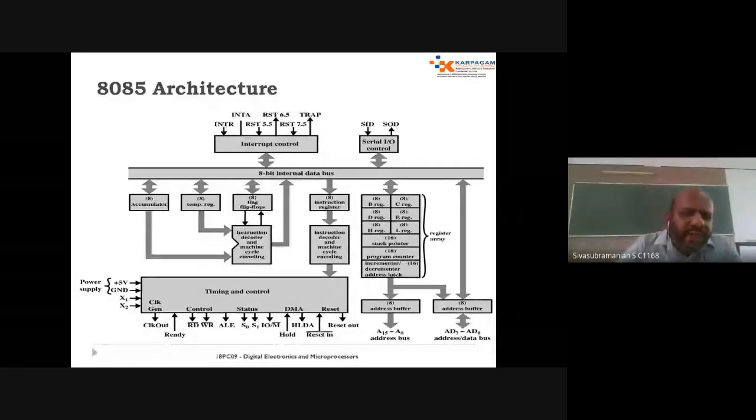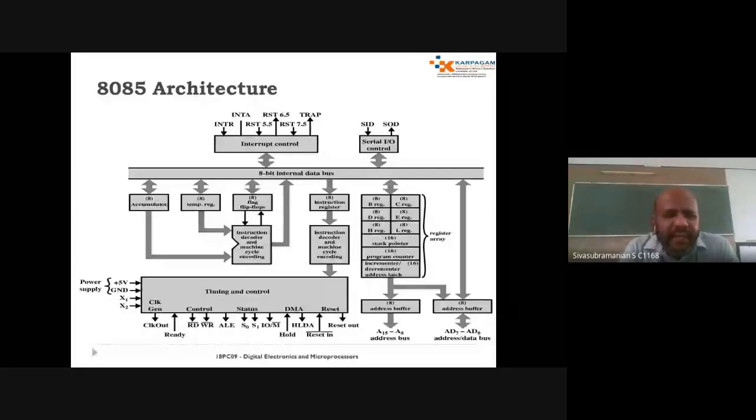Now coming to the last block which is available there, which is the serial IO control, SIO, the serial input output control circuit. This is mainly used by the microprocessor for data transmission, and for this purpose two pins, SID and SOD, are provided.